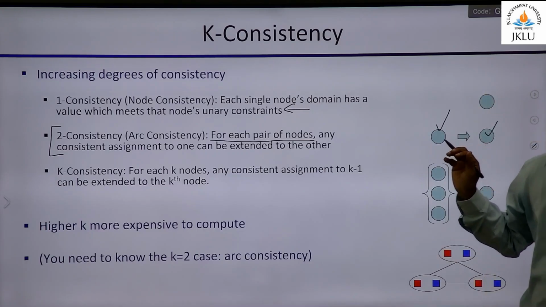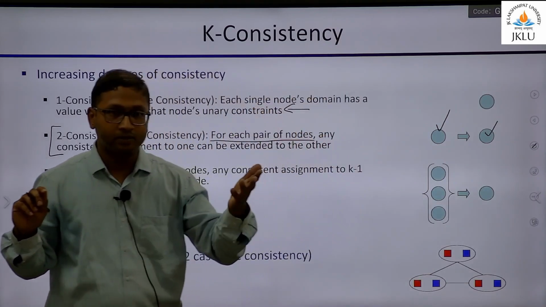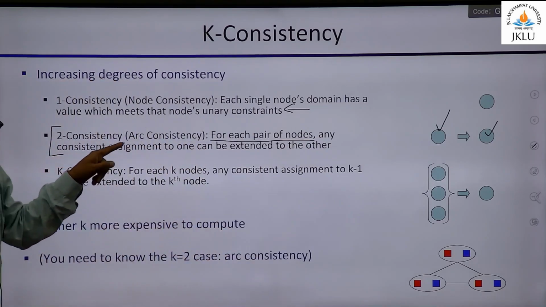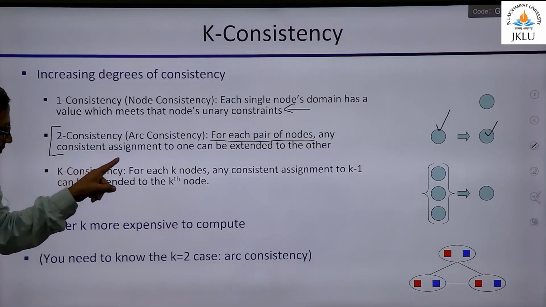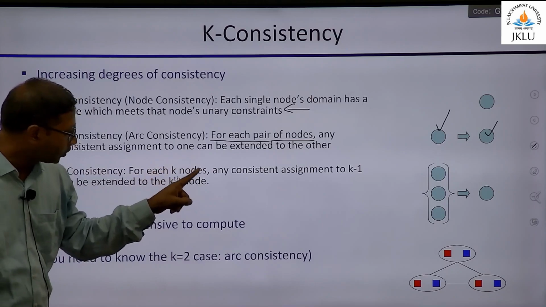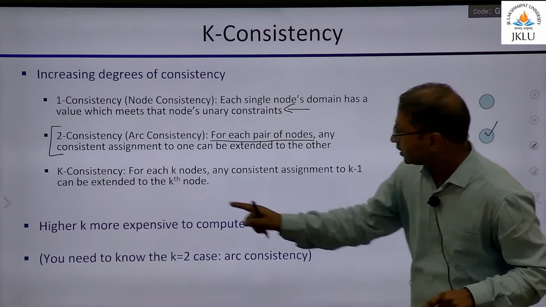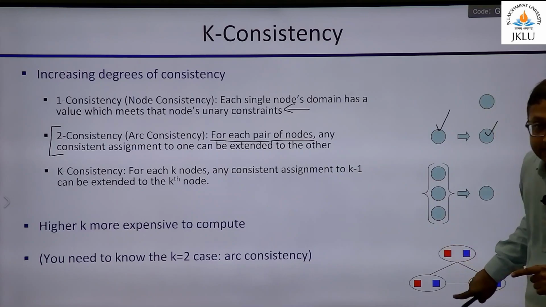What will be 3 consistency? For 3 nodes collectively. So 3 consistency will be: for each 3 nodes, any consistent assignment to 2 nodes can be extended to the 3rd node. Was that true in this case?